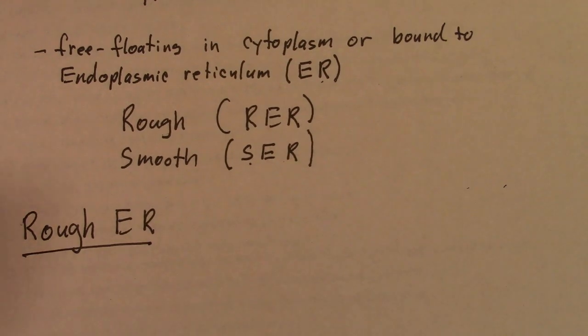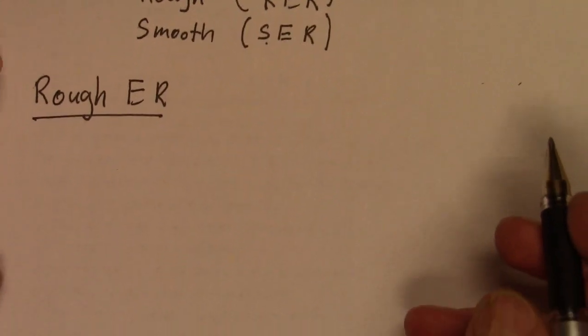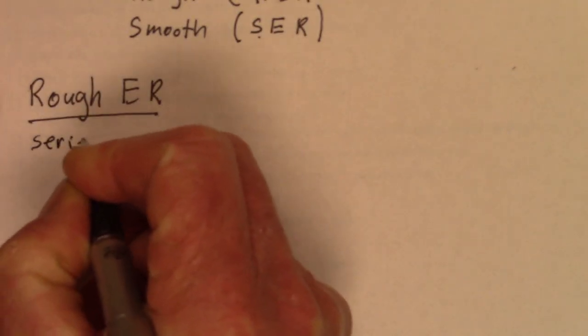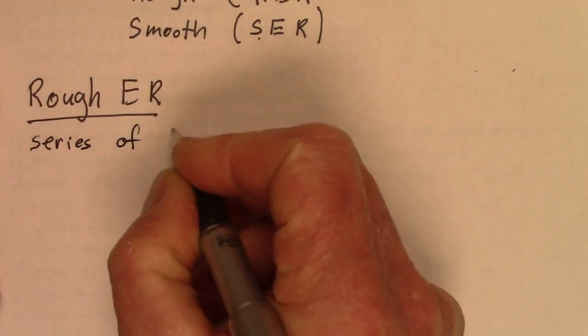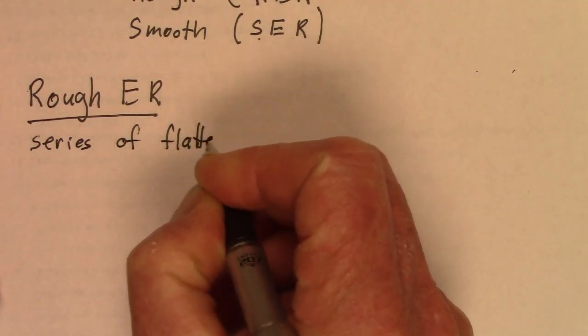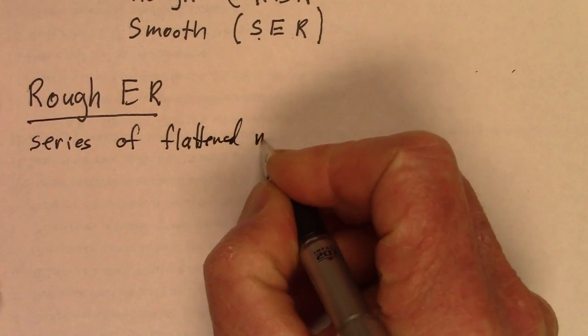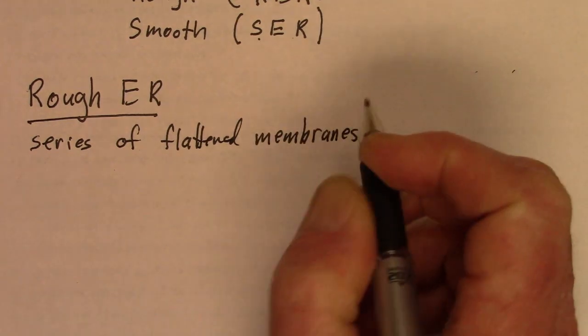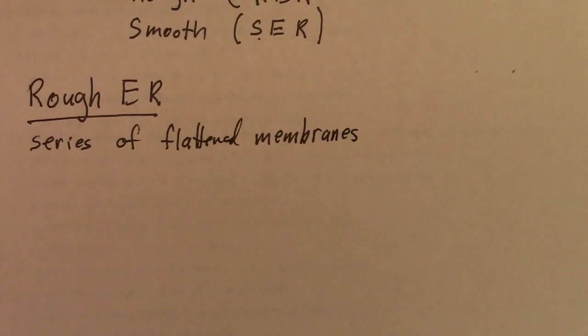So a couple of things to note about the rough endoplasmic reticulum. I'll show you some pictures in a minute and we'll discuss its function. But it's a series of, let's say, flattened membranes. So it's a membranous structure inside the cell, in the cytoplasm.